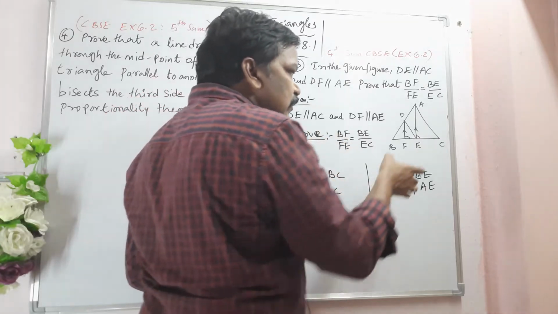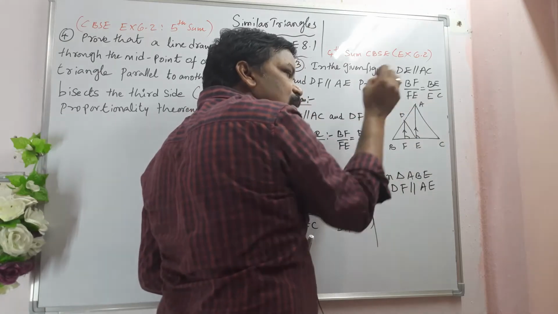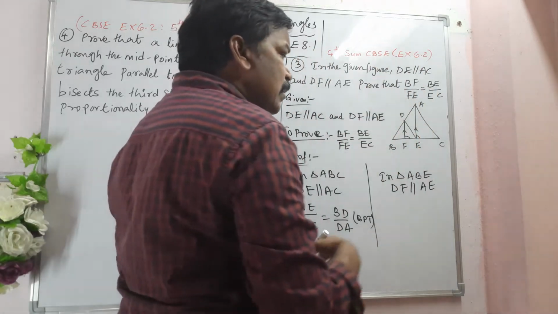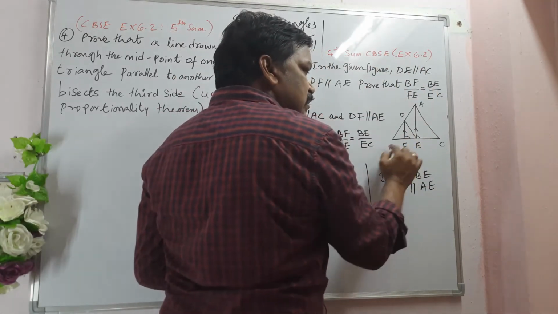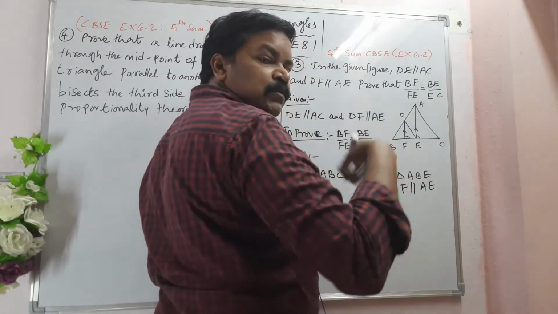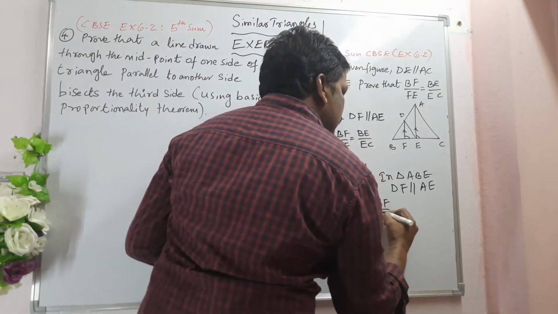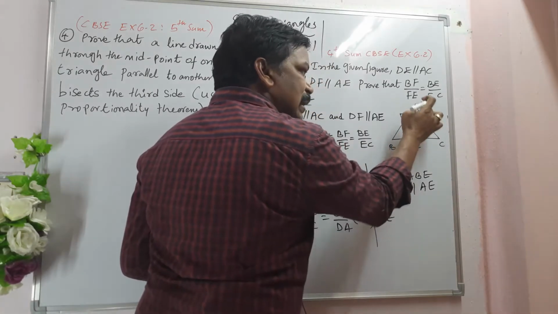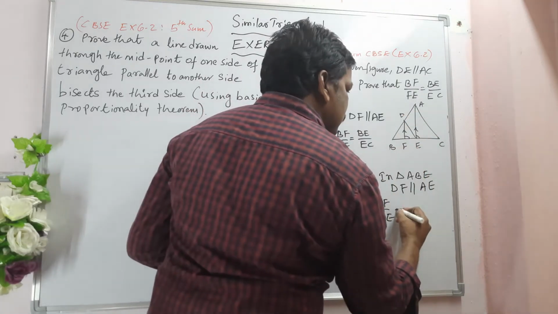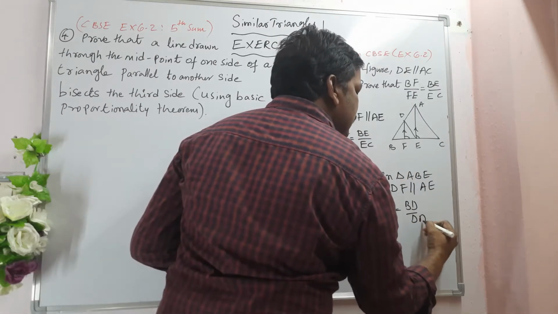Understand students? Here this DE is parallel to AC in this triangle ABC. Therefore BE by EC is equal to BD by DA. Coming to this triangle ABE, DF is parallel to AE, again from the basic proportionality theorem, BF by FE is equal to BD by DA.